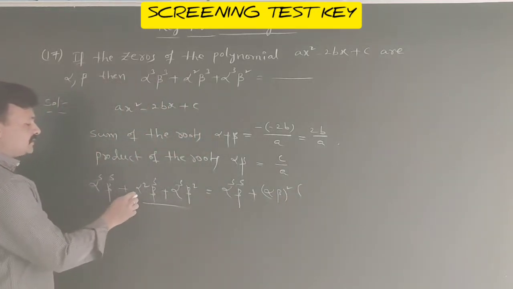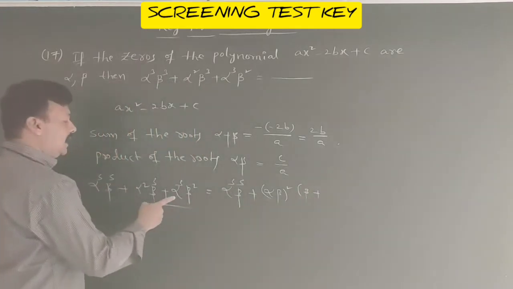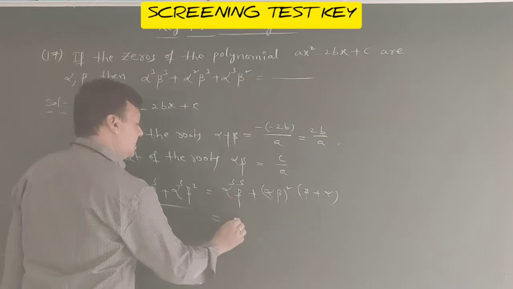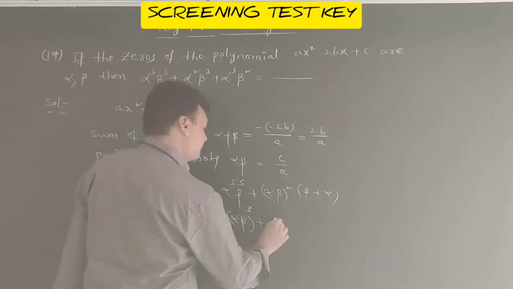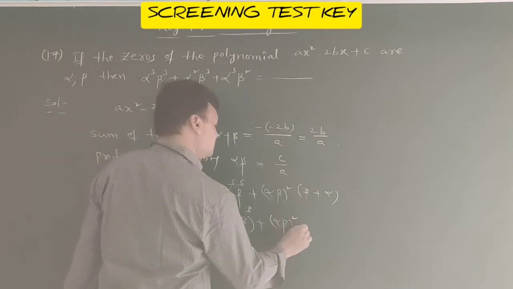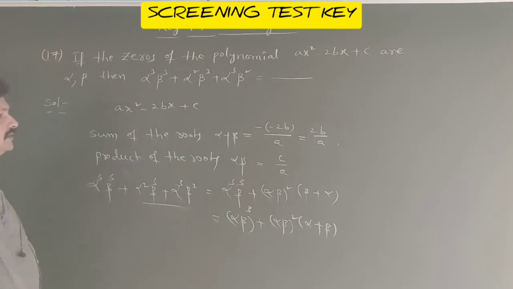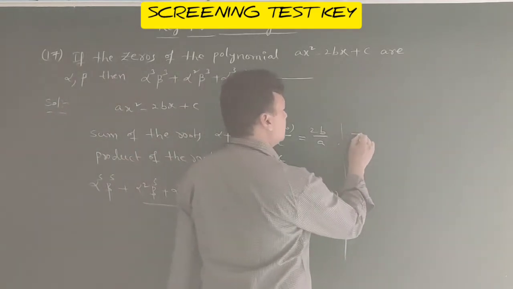If you take alpha square beta square, alpha plus beta will be left here. Now, alpha beta whole cube plus alpha beta whole square into alpha plus beta. These values we have.